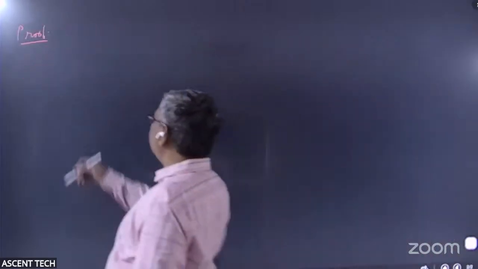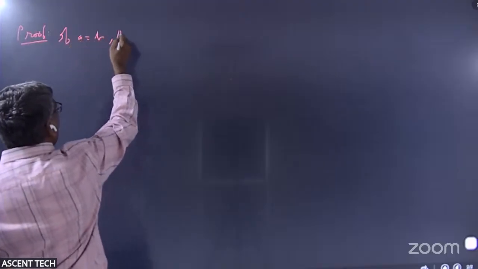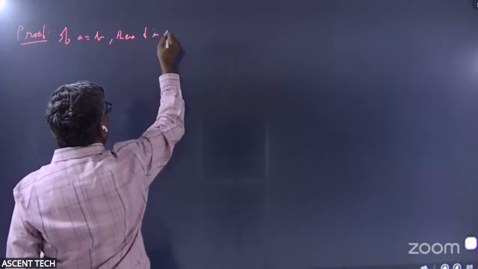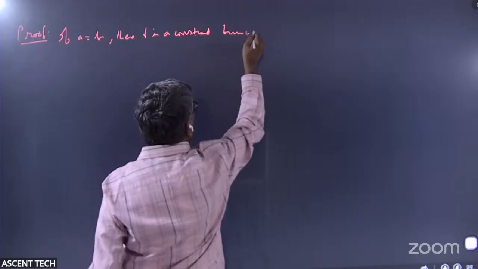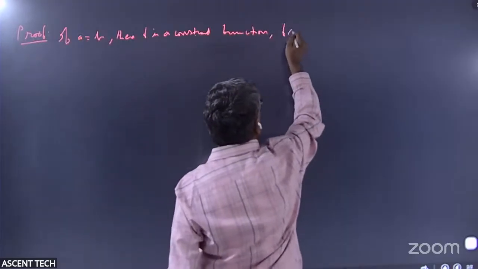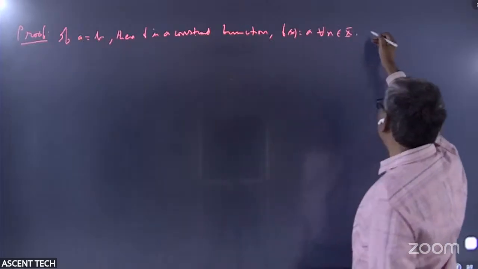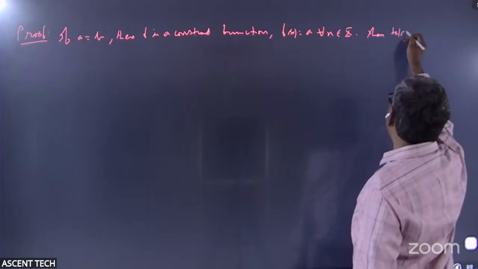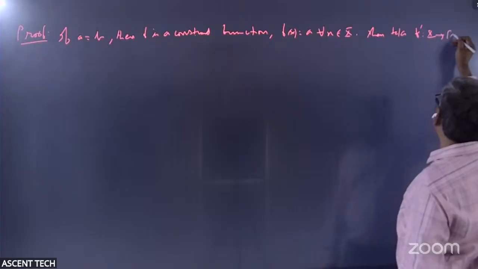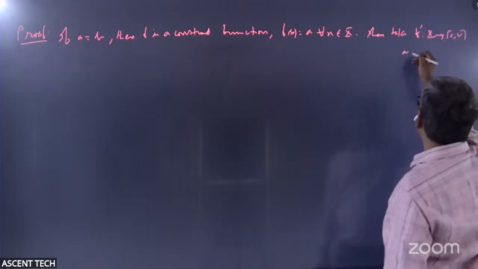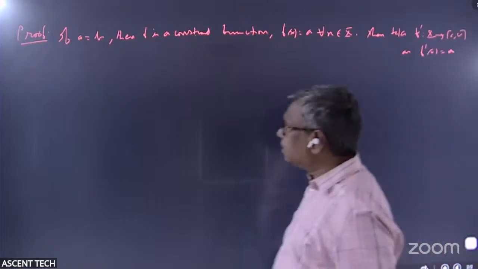If a equals b, then f is a constant function. What is a constant function? f(x) equals a for all x in X. Then take f dash also from X to [a, b] as f dash(x) equals a. The constant function is continuous, and so there's a continuous extension.